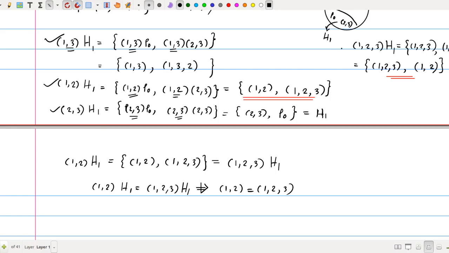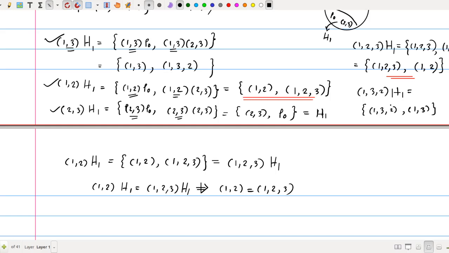But if you consider (1 2 3) h1, then you will get the same coset we have obtained earlier. Similarly, if you consider (1 3 2) times h1, you will get the same coset corresponding to this. So when you compute this coset, the first element will be (1 3 2), and the second element will be (1 3).